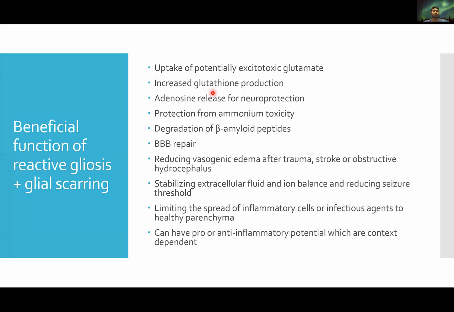Also, adenosine release for neuroprotection. Adenosine is really interesting because adenosine makes you sleepy. So it allows you to sleep more. It may put you in a coma, so your brain can have time to rebuild itself without having to worry about more trauma.